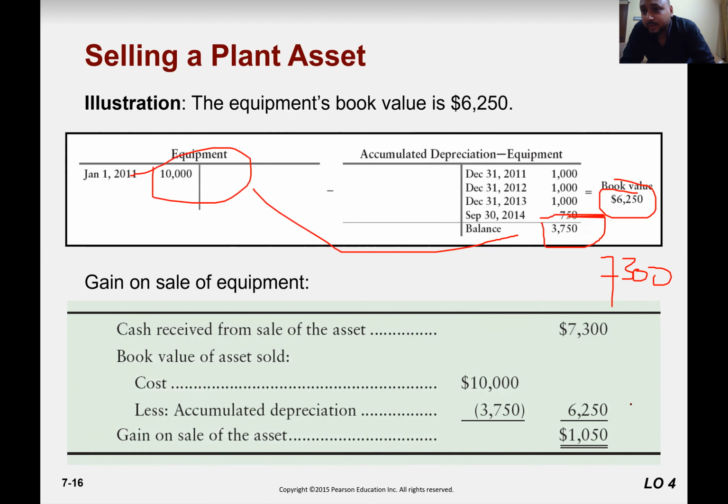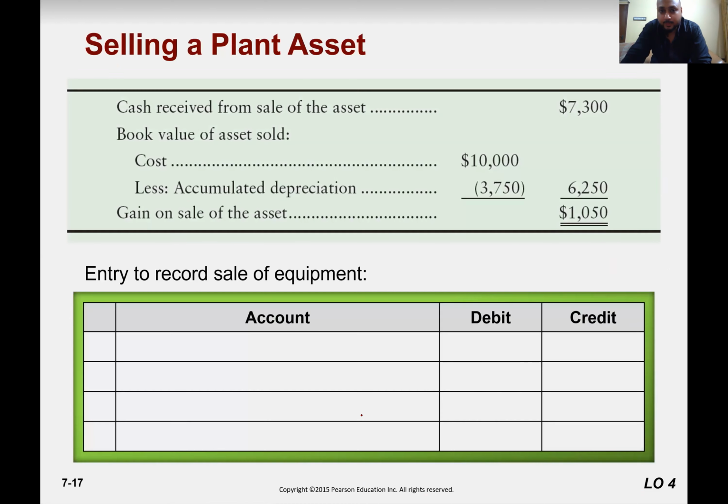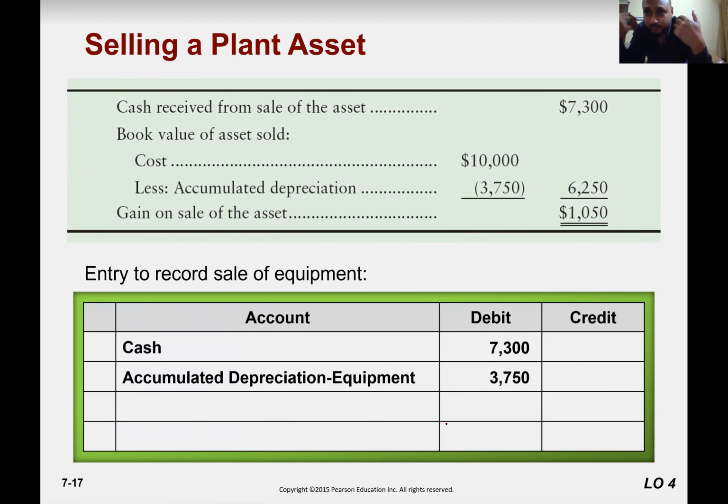So how much cash do we receive? The entry would be cash received. So cash to... no, because we sold the asset, the asset decreases by 10,000. So cash to equipment 10,000. This is a combined entry.